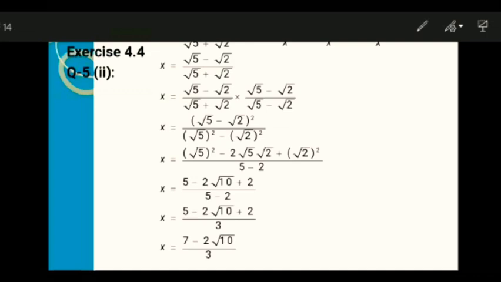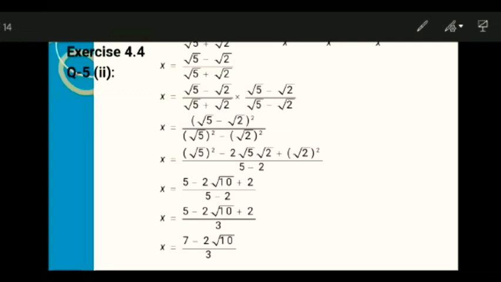We will just substitute the values of under root 5 and under root 2 in the second identity. So under root 5 whole square minus 2 multiplied by under root 5 and under root 2 plus under root 2 whole square. Under root 5 whole square minus under root 2 whole square will be equal to 5 minus 2. So 5 minus 2 under root 10 plus 2, divided by 5 minus 2.